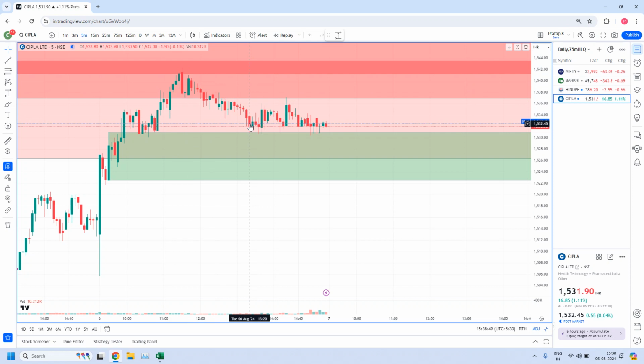And moreover, most of the time today the market was bullish. Later on it came down. But let us look at how Nifty behaved today at 11:25.